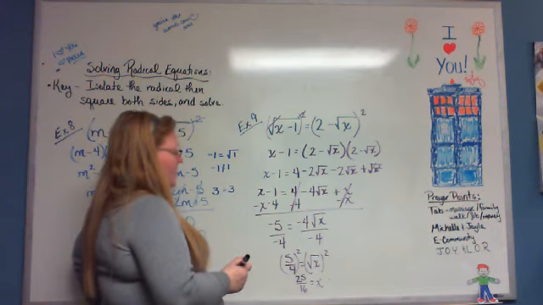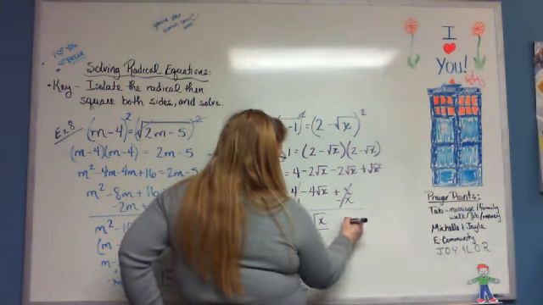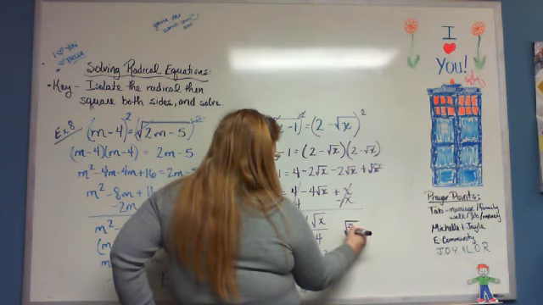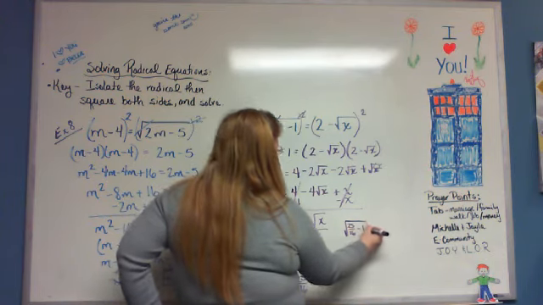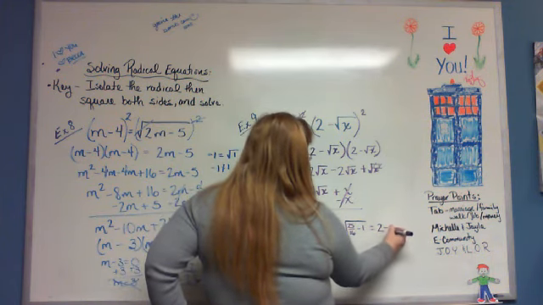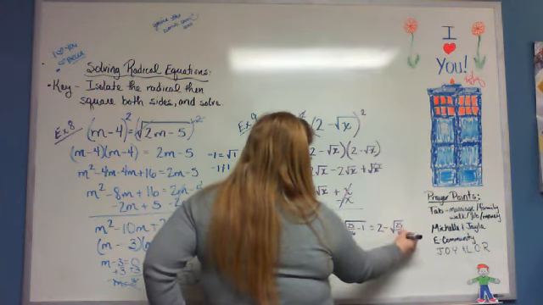So, it's a lot of writing, but I can handle it. Square root of 25 over 16 minus 1 equals 2 minus square root of 25 over 16.